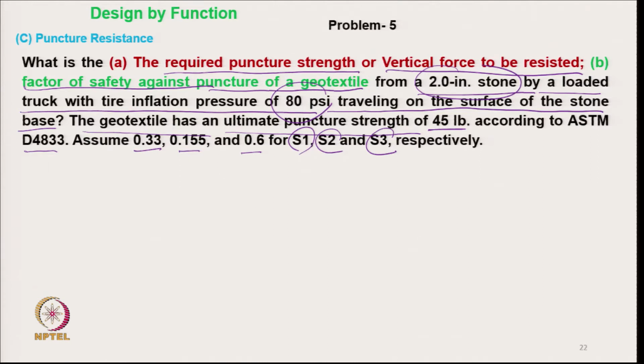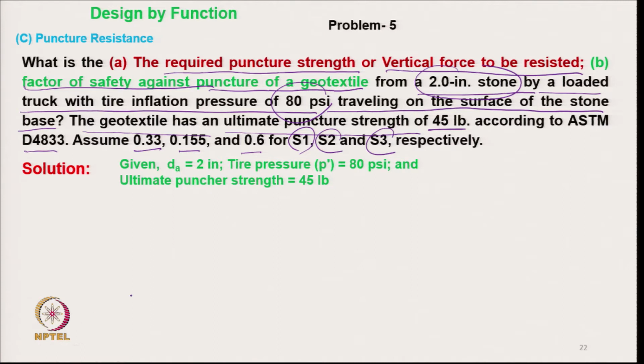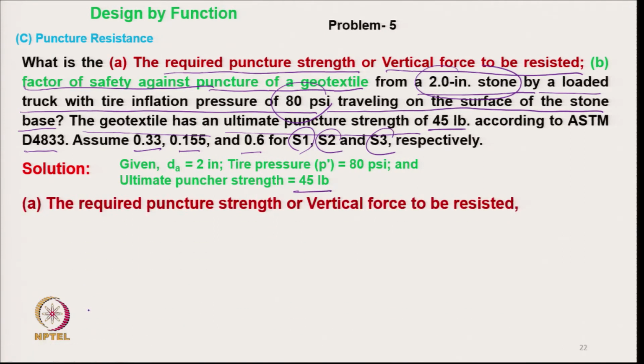So, we can use the earlier equation to get the puncture strength. Here dA is given, ultimate strength is given. The required puncture strength of the geotextile, or vertical force to be resisted, is given by the earlier formula.